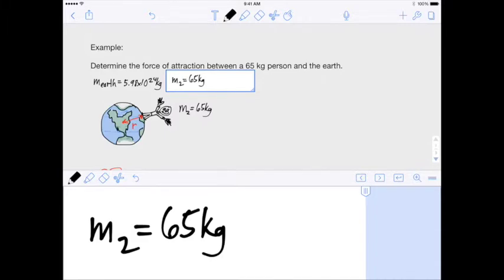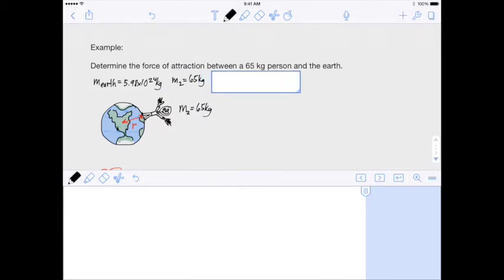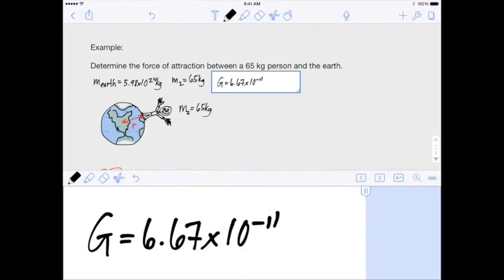In order to solve this, we need our gravitational field constant, 6.67 times 10 to the power of negative 11 newtons times meters squared per kilogram squared.